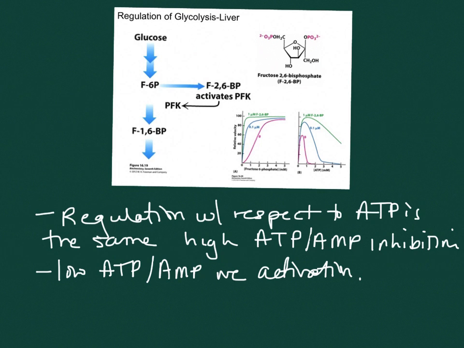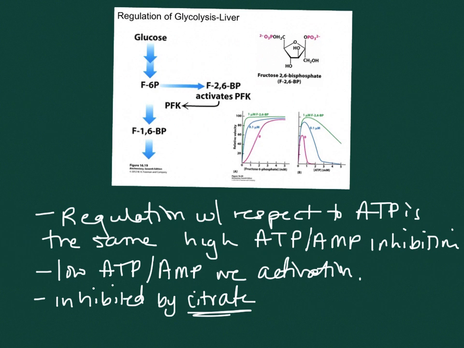Glycolysis also furnishes carbon skeletons for biosynthesis, and so a signal indicating whether building blocks are abundant or scarce should also regulate phosphofructokinase in the liver. So PFK in the liver is going to be inhibited by citrate. And we will explore the structure of citrate in more detail when we look at the TCA cycle.